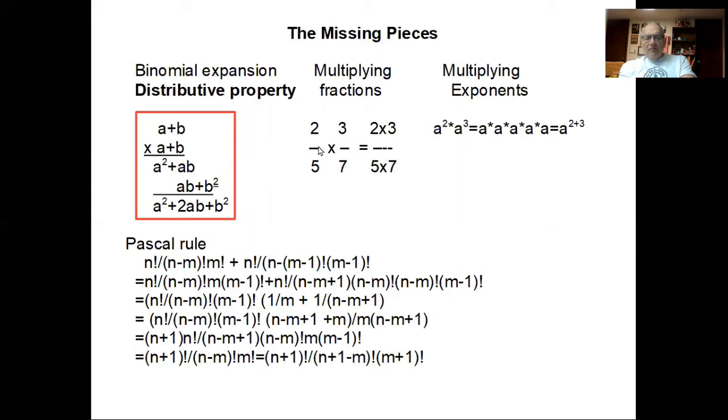We had to multiply fractions in there. The simple rule for fractions was multiplying numerators and denominators. And for exponents, when we multiply exponents with the same base, we can see from this proof that we add the exponents, where a to the second is a times a, and a to the third is a times a times a.